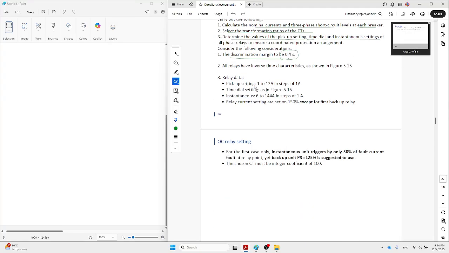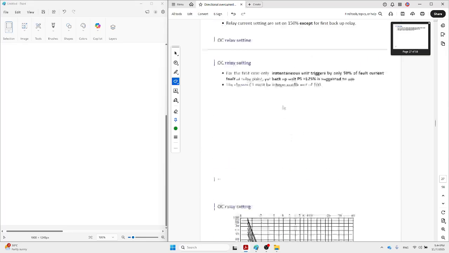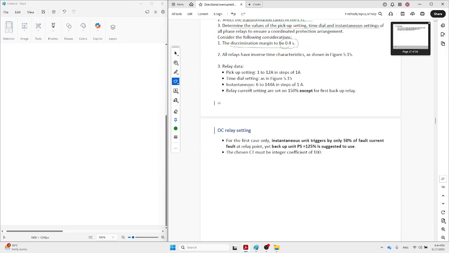Next, the pickup setting is given as a discrete value from 1 to 12, so you can only choose 1, 2, 3, 4, 5, 6. The steps are in one. The time dial setting is given by this figure. Instantaneous currents for the relay must also be in steps of one, starting with 6.